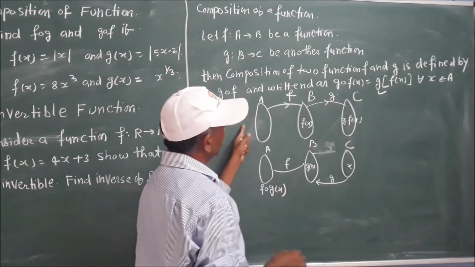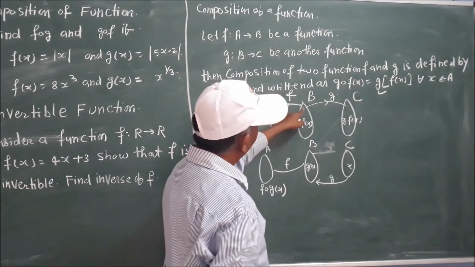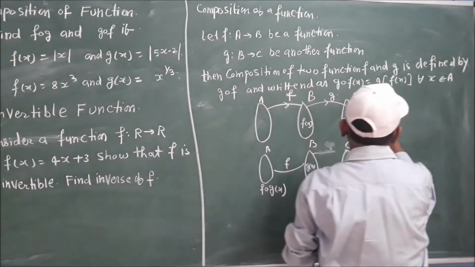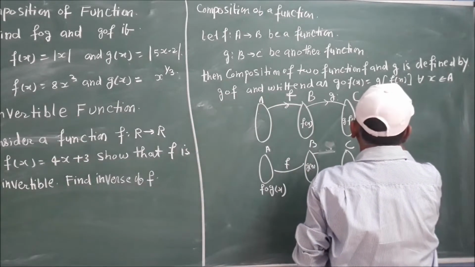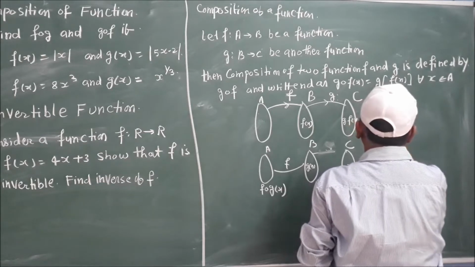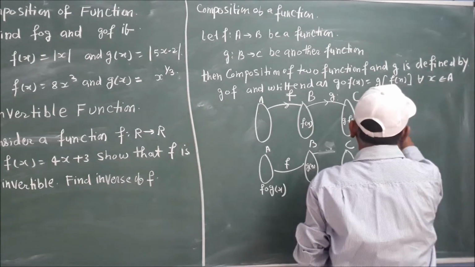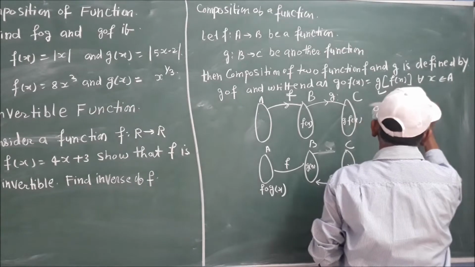So if we go from A to B and B to C, we can say that g o f is a function from A to C.